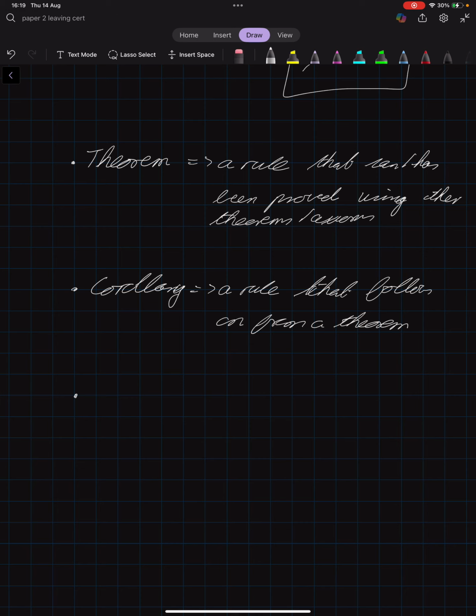A converse is actually quite important. Converse is basically like the reverse of a theorem. So not opposite, be careful, I'm saying reverse, so not opposite.